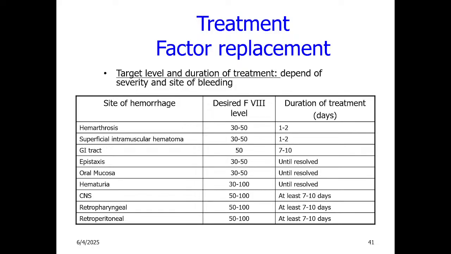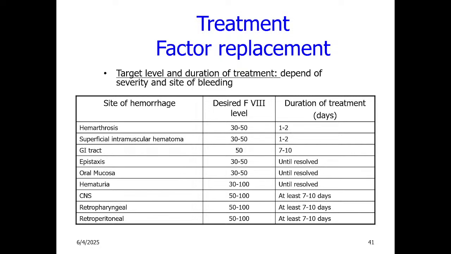If GI bleeding, then till mucosal recovery. Once mucosa has recovered, we do not need it. Mucosa recovers after like 3 days, so 3 to 7 days, so we need around 7 days. Otherwise, if we do not cover properly, then rebleed will be there again and again from the same site. So, better to have replacement till mucosa recovers.